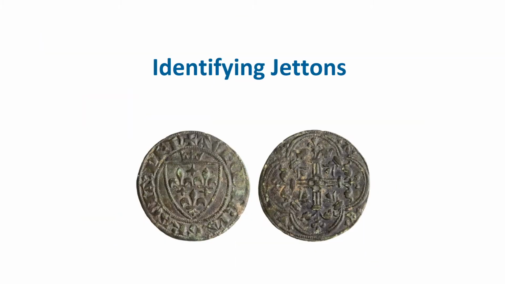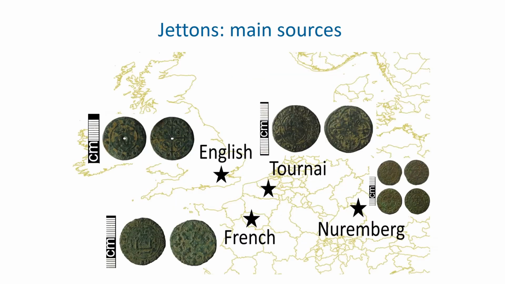When it comes to identifying jettons, we are fortunate in that they can be divided into major groups relating to their origin. These groups form a fairly coherent sequence through time as regards when they were used in England. There are four main sources. The main source of jettons used in England in the late 13th and early 14th centuries was England.